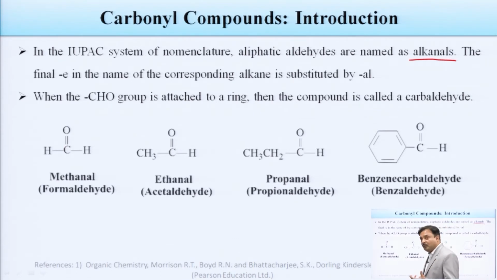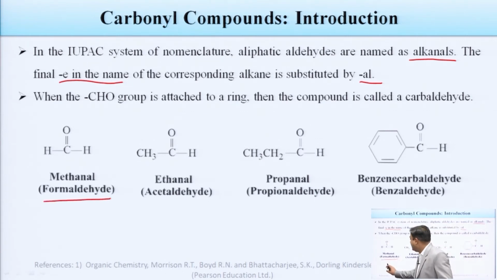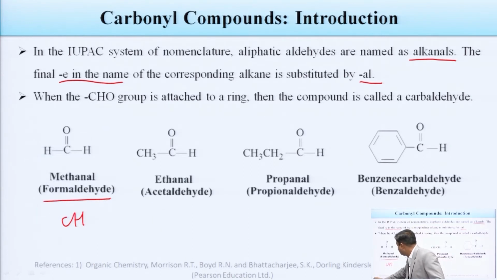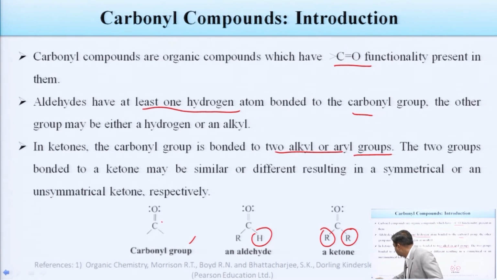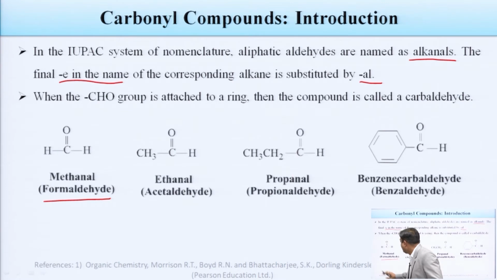If a carbonyl group is present in an alkane, then we have to remove the E from the alkane and add al. Suppose this is methane.